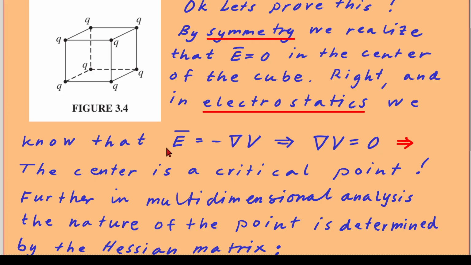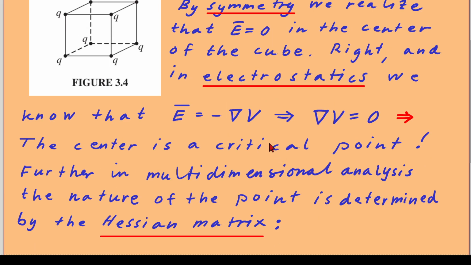You can simply realize that, of course, for a point to have any chance to be a critical point, the force must be zero. Thus, the electric field is zero. It's like in one-dimensional analysis.